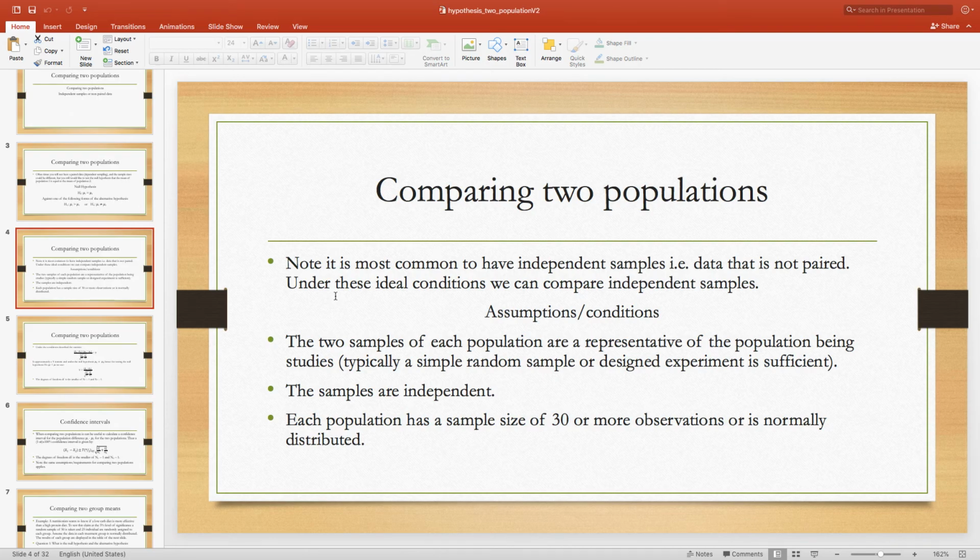The second assumption is that the samples are independent. The outcome of population 1 or treatment 1 is unaffected by the treatment of population 2 or outcome of population 2. And each population should ideally have a sample size of 30 or more, or the observations should be relatively normally distributed. And you can assess that with a box plot and/or histogram.